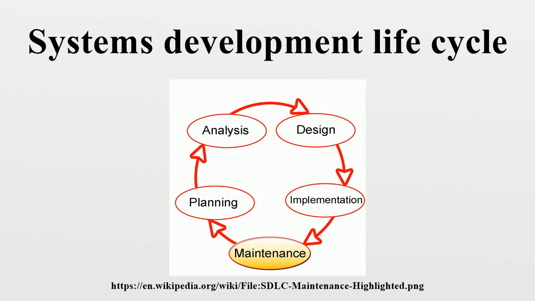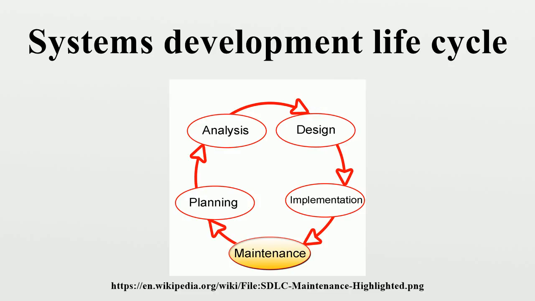Systems design. The design functions and operations are described in detail, including screen layouts, business rules, process diagrams, and other documentation. The output of this stage will describe the new system as a collection of modules or subsystems. The design stage takes as its initial input the requirements identified in the approved requirements document.